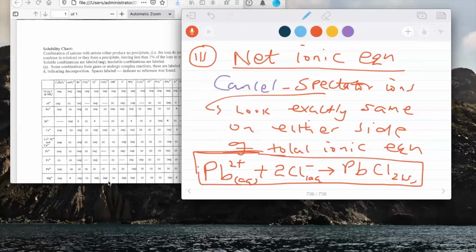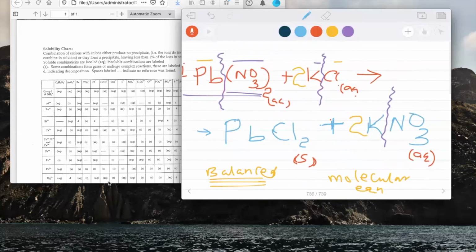If the molecular equation is not balanced, if you end up using wrong chemical formulas, the total ionic equation will be in a mess. The net ionic equation will not come out correctly. So pay attention to the first type of equation right here, writing the correct formulas and balancing. Make sure you write the correct equation and balance it.